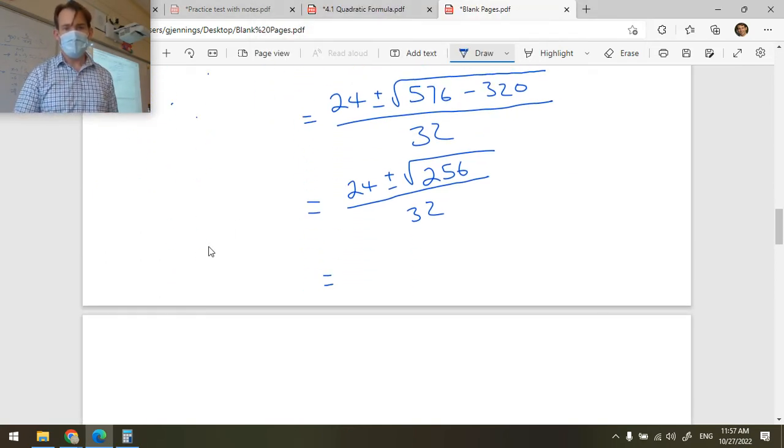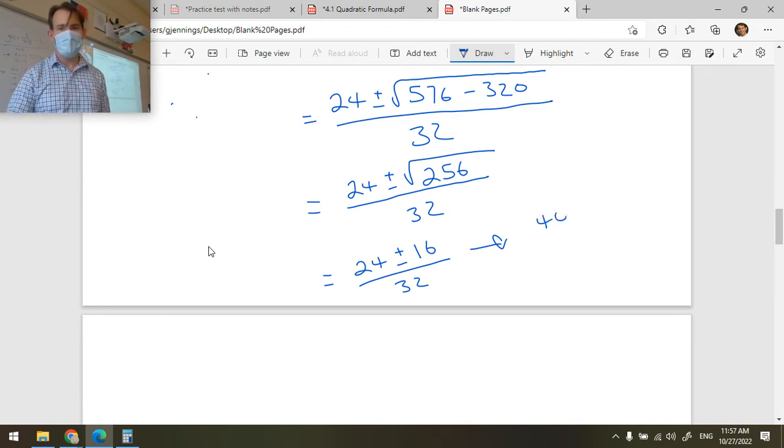This is equal to 24 plus or minus 16 over 32. So that's going to be 24 plus 16 is 40 over 32, or 24 minus 16 is 8 over 32.